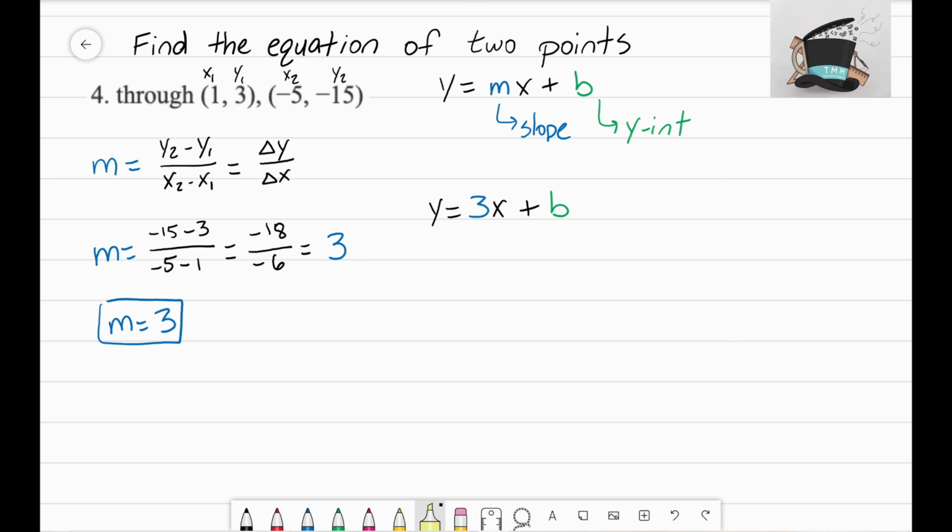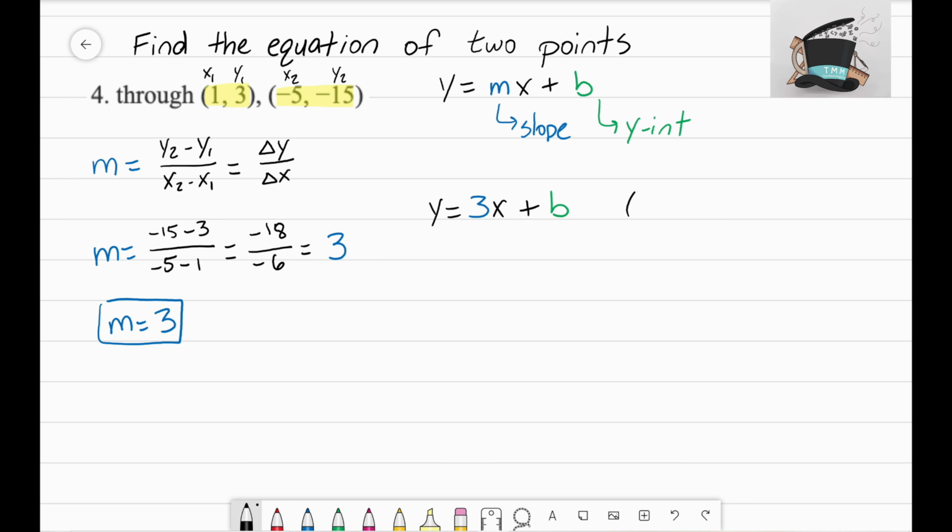The great news is that we actually have 2 different x and y values to choose from. Here's a point where you get to pick which point you want to use, either the first point or the second point, to plug into this equation. I'm going to use the first point only because there are no negatives and the numbers are a little smaller, which tends to make the job easier.